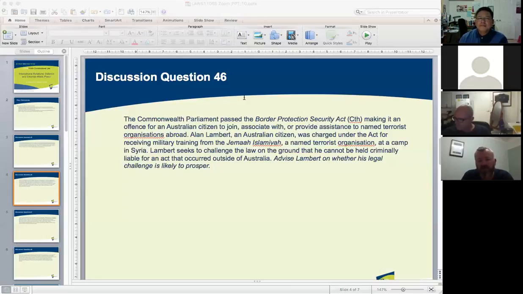So whilst we're not saying he's committed war crimes, he's committed a crime which is an offence against Australian law, and Polyukhovich v Commonwealth gives the authority for that. Very good. Thank you, Scott. So Polyukhovich v Commonwealth would be the relevant case that will be cited here. So thank you very much, Scott.